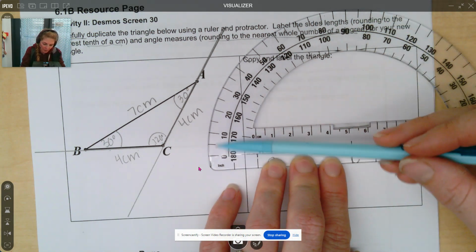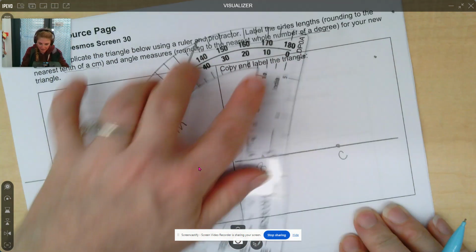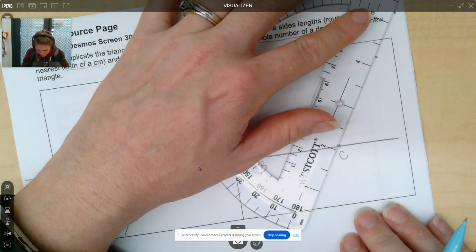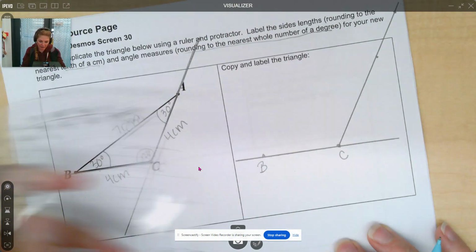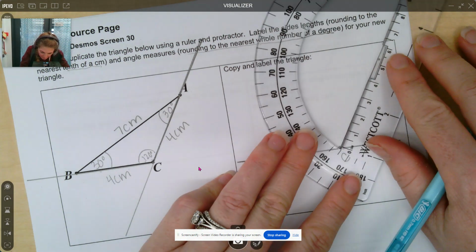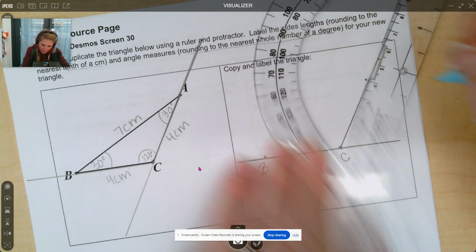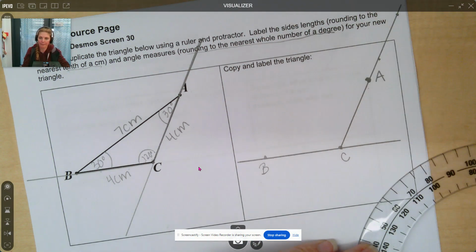I'm going to go from 0 all the way to 120, and make a dot above and below so that I can draw my line. After you draw your line, that's when you can measure out your 4 centimeters, again 0 to 4. That's going to be A.